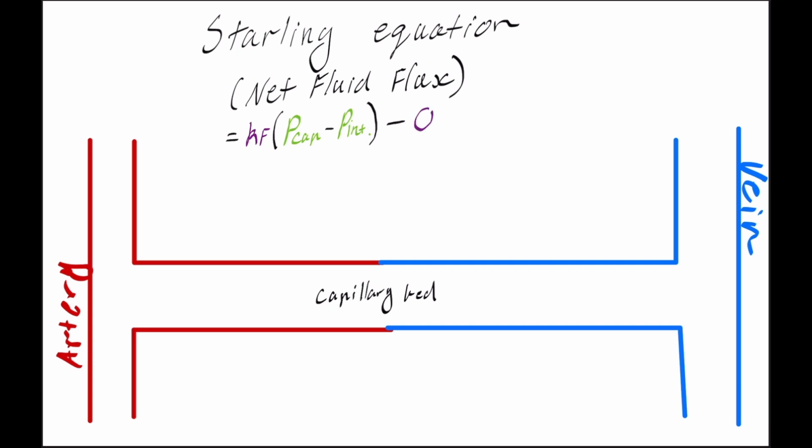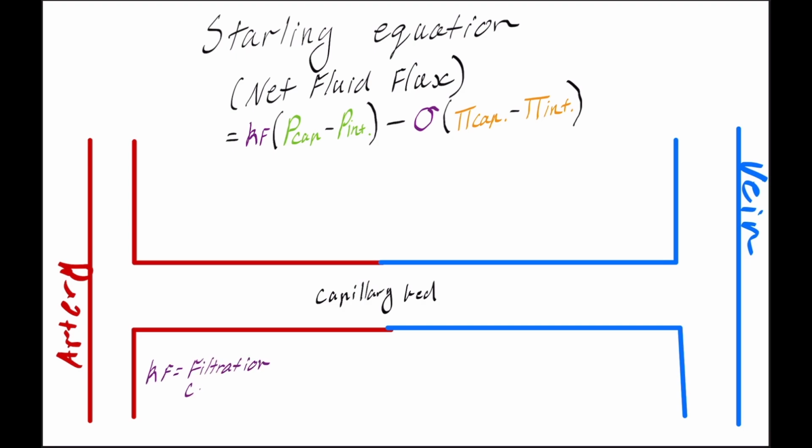Then you minus the reflection coefficient, represented by this O-looking symbol, in brackets, oncotic pressure capillaries, which is pressure that draws fluid into the capillaries, minus the oncotic pressure interstitium, which is oncotic pressure that draws fluid out of the capillaries into the interstitium.